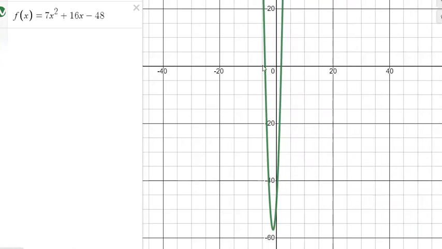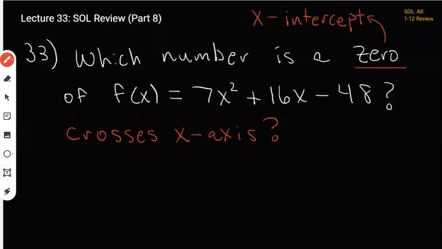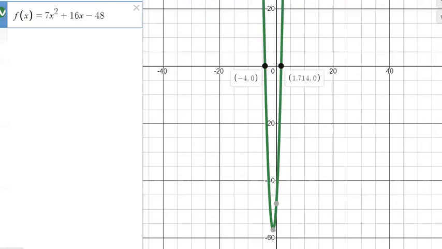So where does it cross the x-axis? Right here and right here. -4 and 1.714, whatever that is. So let's write those down. We got x equals -4 and x equals 1.714.